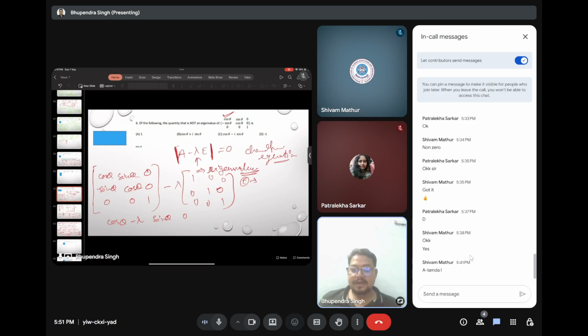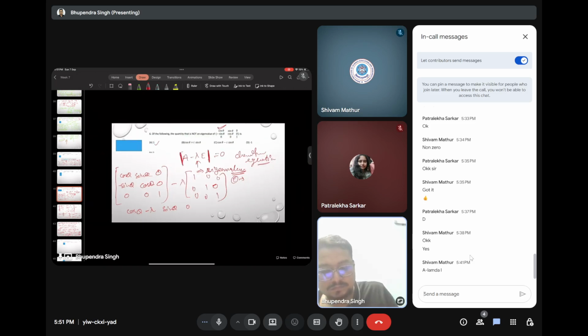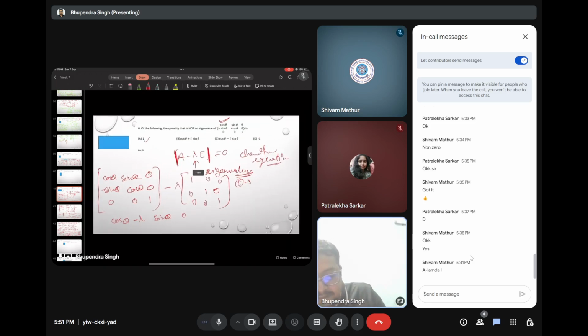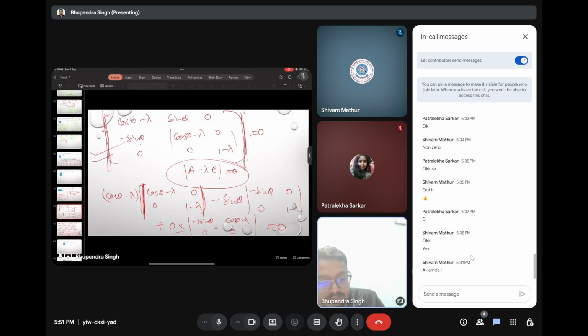So minus 1 is not the eigenvalue. Other three are the eigenvalues. So this we have got, this we have got. I is missing in option B and C. I is missing in our answer.